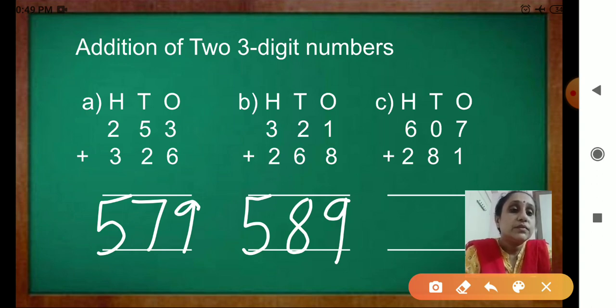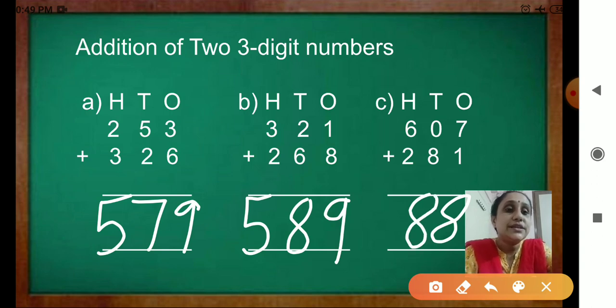Okay? 607 plus 281. 7 plus 1, you will get 8. 0 plus 8, 8. 6 plus 2, 8. Now check the answers. Note it down. Do it in your book or notebook. Okay?